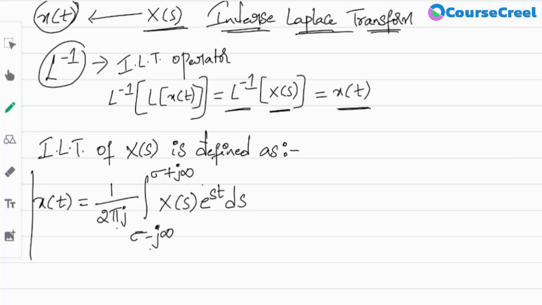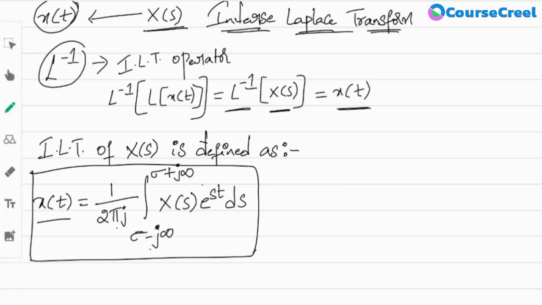This is the formula which helps in retrieving the original time domain signal x of t from the frequency domain signal. So by using the inverse Laplace transform, we can convert the frequency domain signal to the time domain signal.